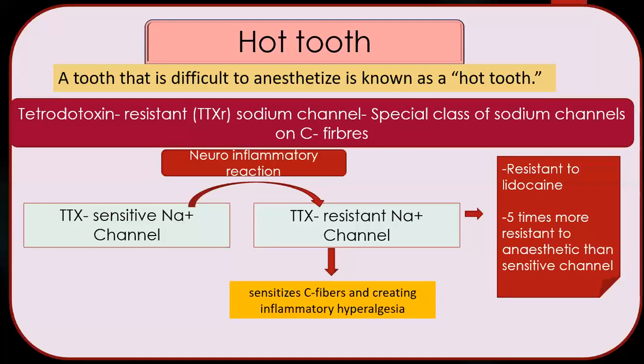As the strangulation and inflammation increase, there is hypoxia or ischemia within the blood vessels because of the initiation of pulpal necrosis, and the A delta fibers are degenerated. So we have the response of C fibers, which produces an increased amount of pain, and then we have a state of hot tooth.